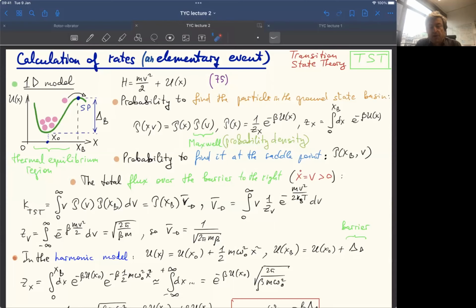So what I'm going to consider now is called transition state theory. Again, just a few brush strokes on this, and specifically at the end we will consider Vineyard theory, which gives an explicit expression for the transition rate for a multidimensional system going from one potential energy basin into the other potential energy basin via a minimum energy path, which involves knowing vibrations.